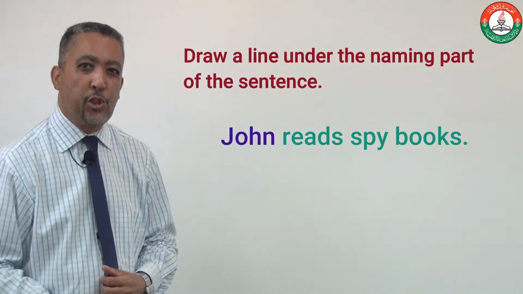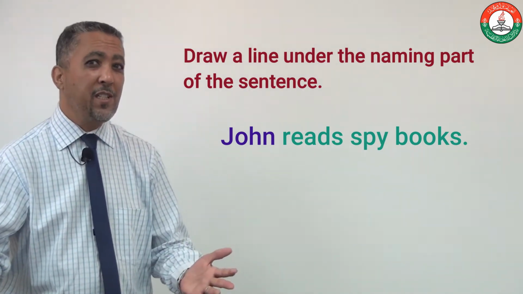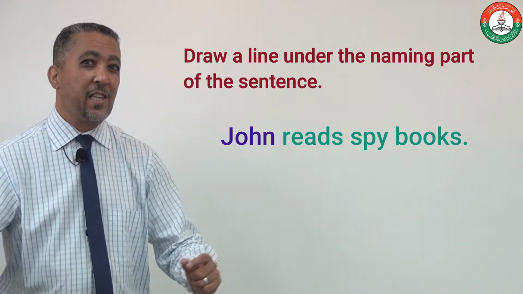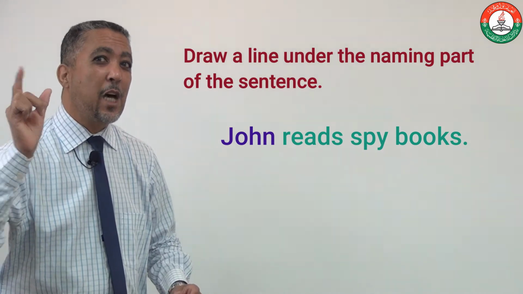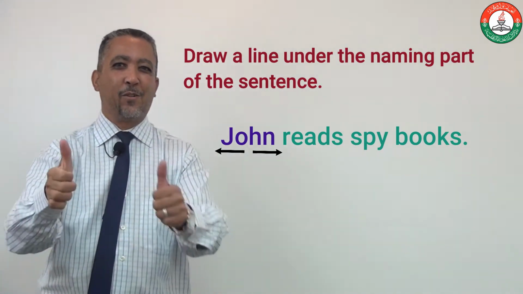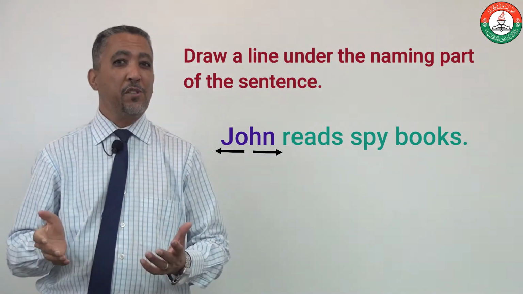It is John. What is John in the sentence? The subject. Good job. So boys and girls, the subject tells us who or what the sentence is about. Don't forget it.